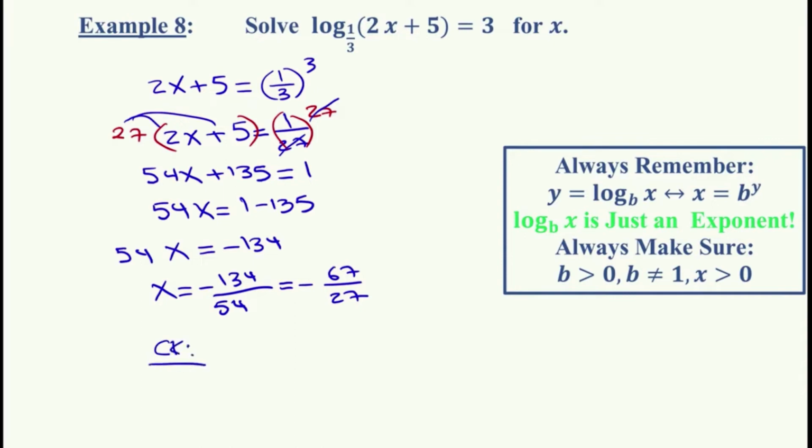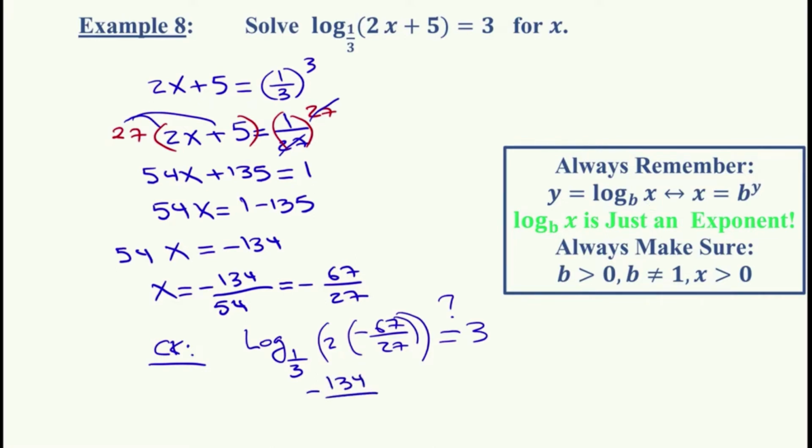All right, so if you want to do a full check, of course, you can. You just basically have log base 1/3 of 2 times negative 67 over 27, and you want to know if that's equal to 3. So you want to know if negative 134 over 27.